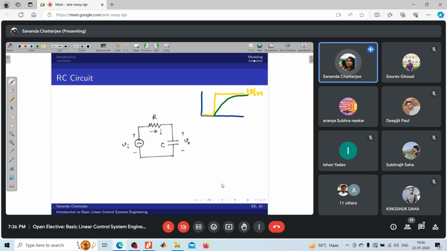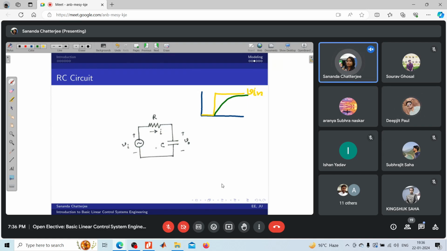It will charge, but not for infinite time, only for a certain time. Why? Because it has a certain capacity. After that, it will start discharging.